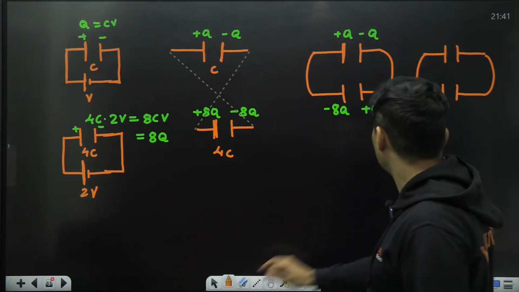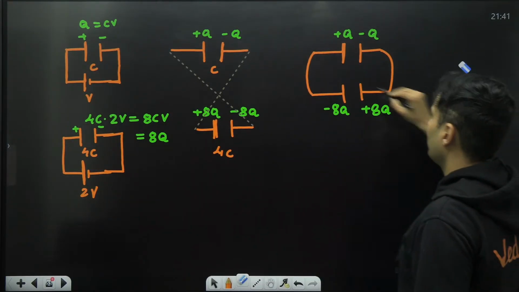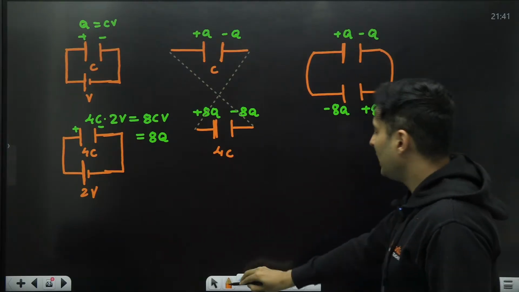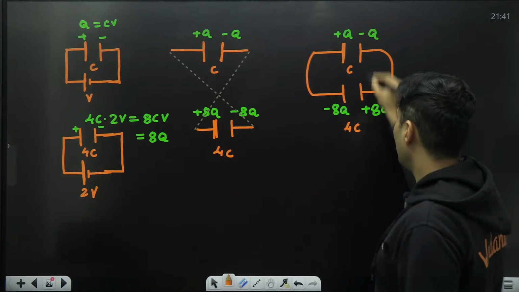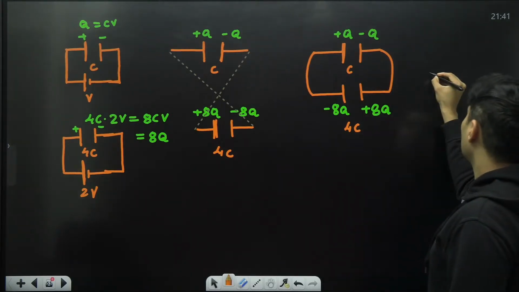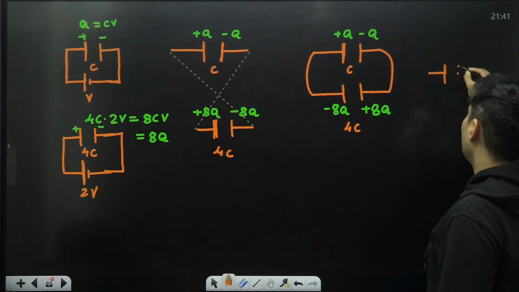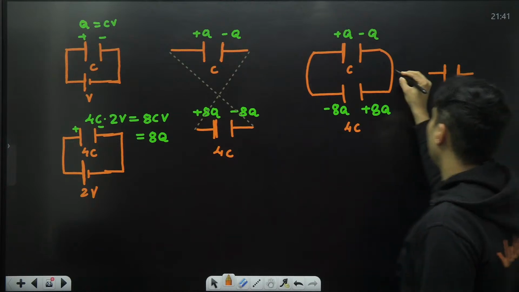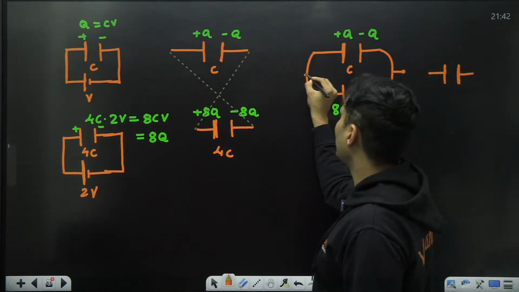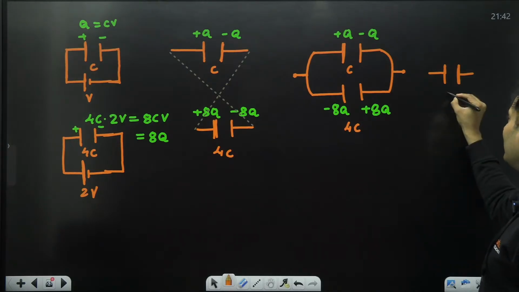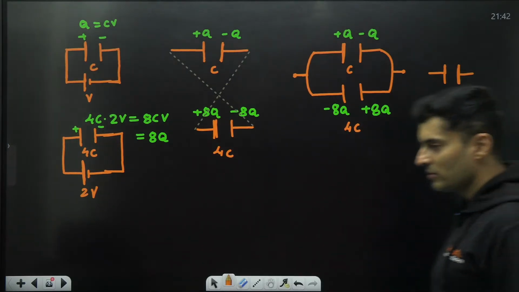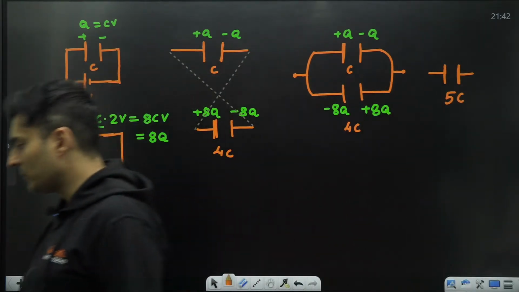So why not forget them and just treat them like two capacitors in parallel, C and 4C. There are two capacitors in parallel. So the effective capacitance that I will get, if these were two capacitors which I just connected in parallel, what is the effective capacitance I will get? I will get it as 5 times of C. Everybody agrees or no?